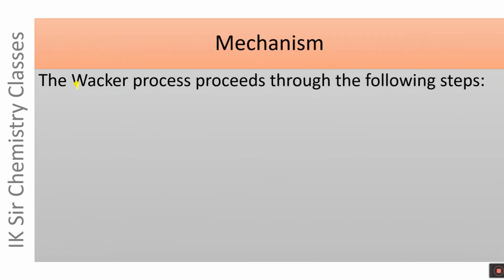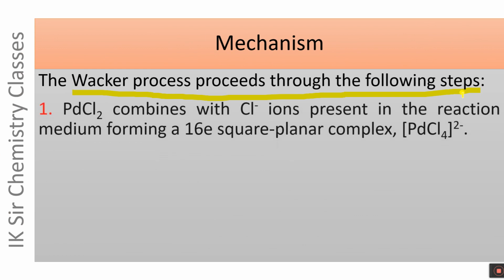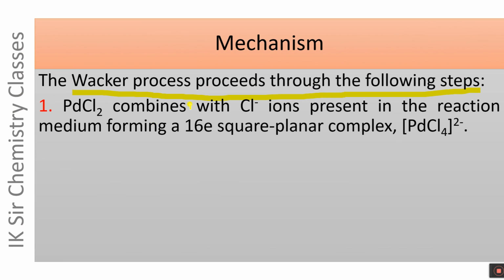Mechanism. The Wacker process proceeds through mainly 5 steps. PdCl2 combines with Cl- ions present in the reaction medium, forming a 16 electron square planar complex PdCl4 2- ion.